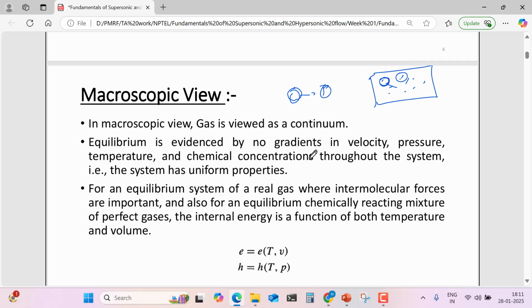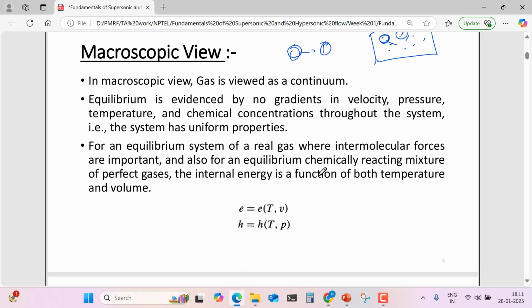And in the macroscopic view, we see equilibrium when there is no gradient in the macroscopic properties like velocity, pressure, and temperature, and chemical concentration remains constant throughout the system. For an equilibrium system of gas, where intermolecular forces are important, and also for an equilibrium chemical reacting mixture, internal energy and enthalpy both are functions of temperature and volume.